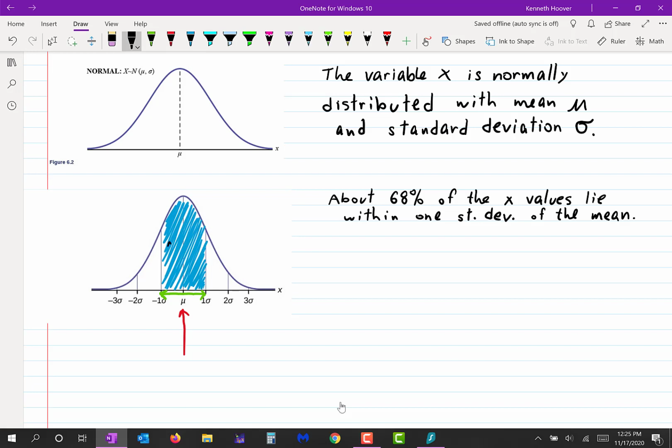Okay, about 68%. So that area that I just shaded in blue is approximately 0.68. Okay?